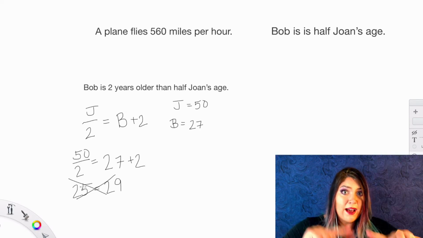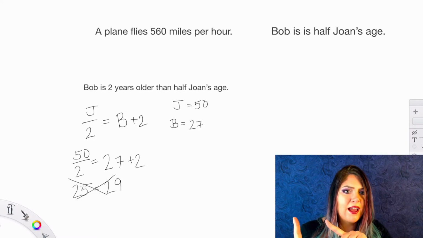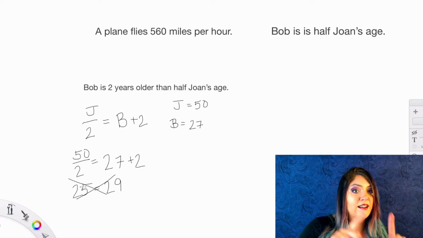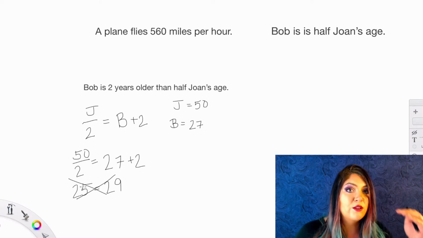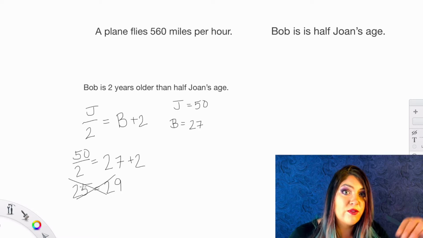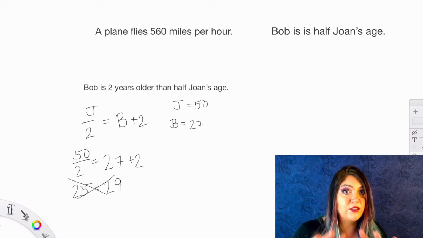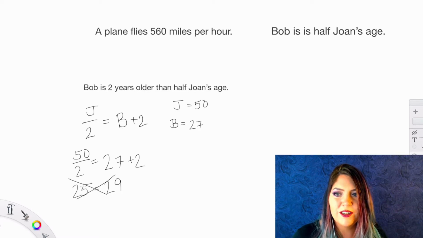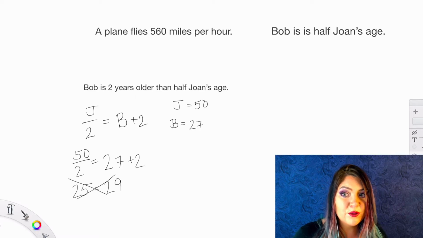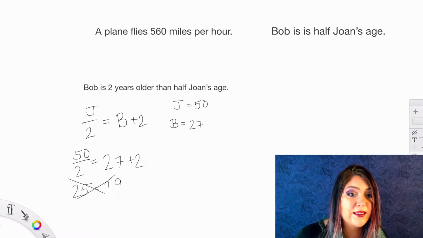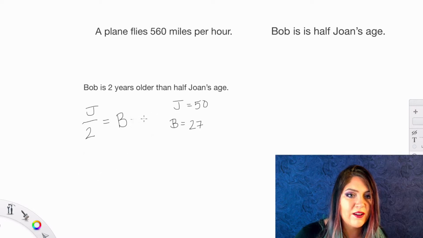So now we back up and we say, you know what? I needed to add that 2 on the other side. So it's Joan's age divided by 2 plus 2 is going to give me Bob's age. So test those real world examples. It's going to make so much more sense. All right, so I'm going to take that out and this out right here.